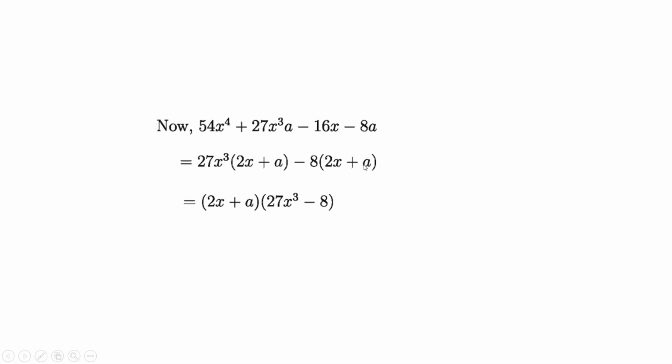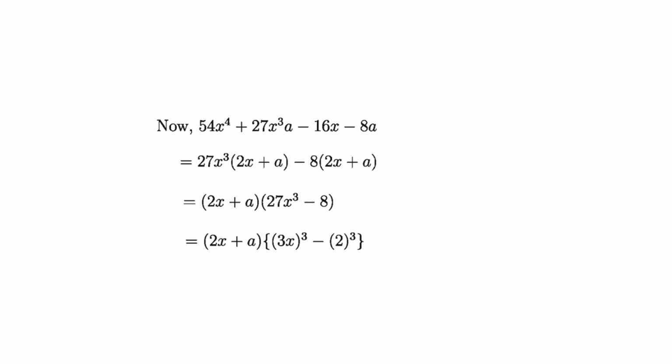Now minus 8 into 2x equals minus 16x, and minus 8 into a equals minus 8a. Now take 2x plus a as a common part, you will get 2x plus a into 27x cube minus 8.